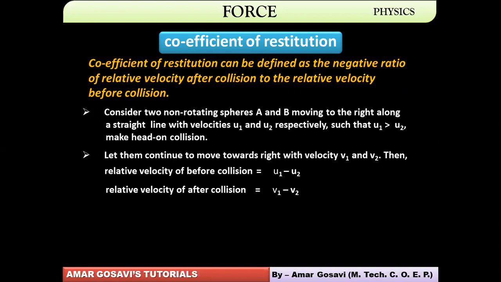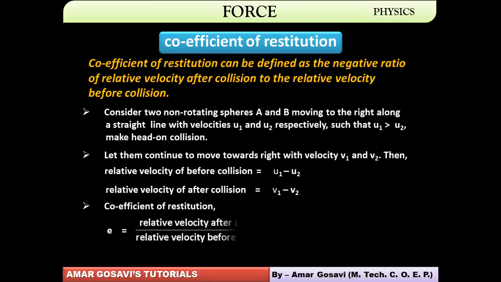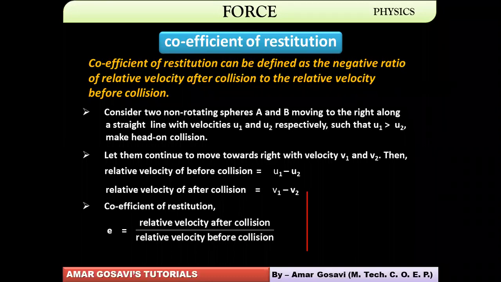Basically, the difference between the two velocities prior to collision and the difference between the two velocities after the collision. So we just put these values in the equation, as per the definition. The coefficient of restitution, denoted by small e, will be the ratio of relative velocity after collision to relative velocity before collision.